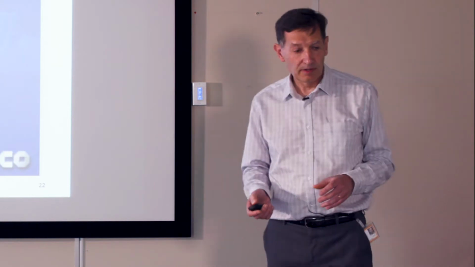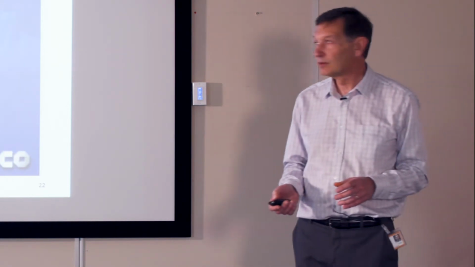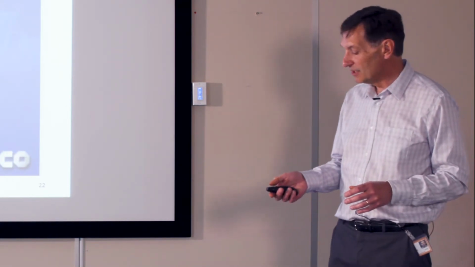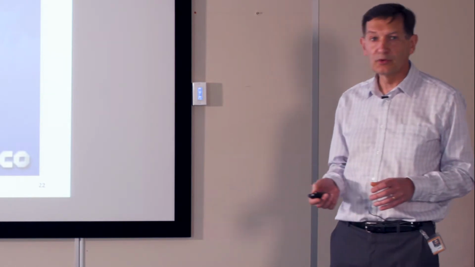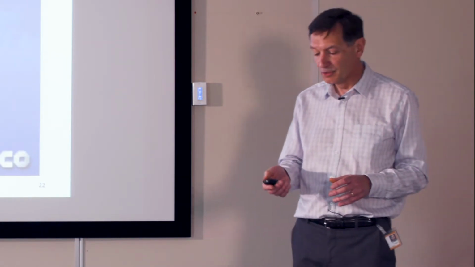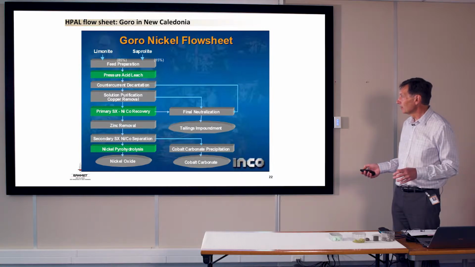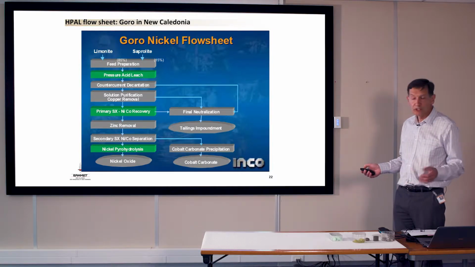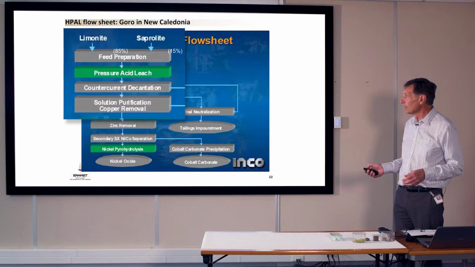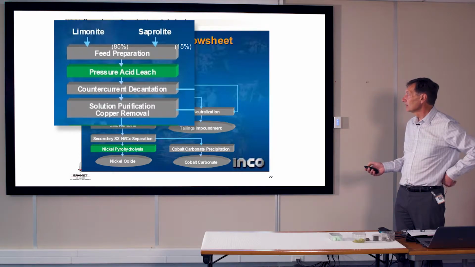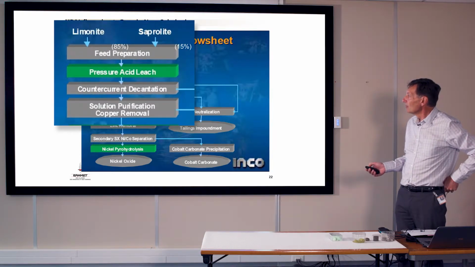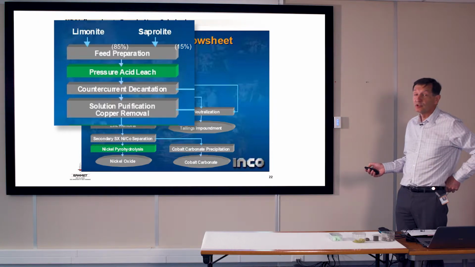The last process I want to show you for the HPAL flow sheet, that's the process used in Goro in New Caledonia. In this process you have the feed preparation with limonite. We see they say that they could have up to 15% of saprolite.